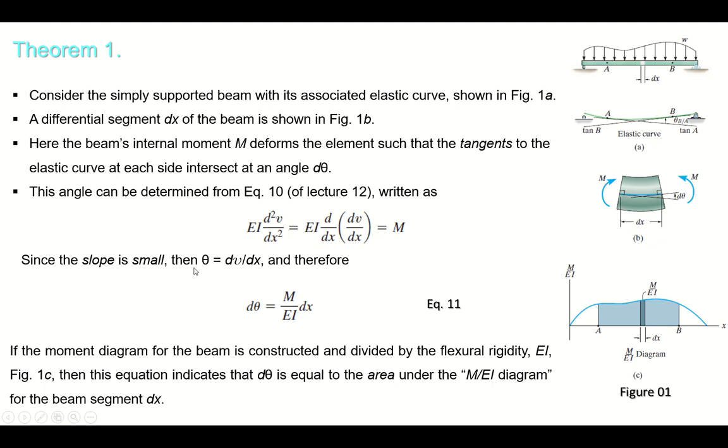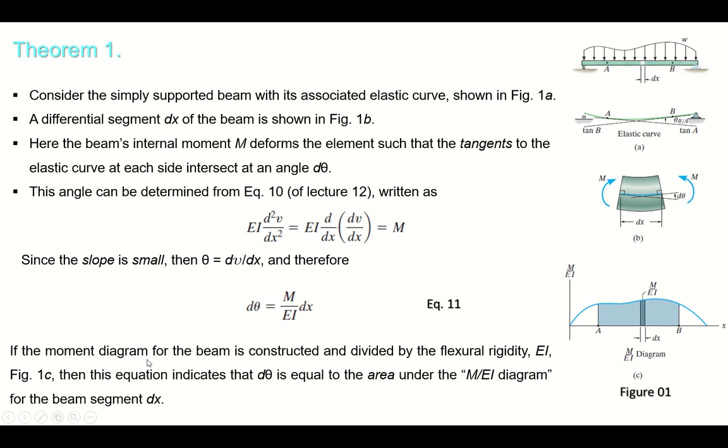Since the slope is small, theta is equal to dy by dx, and therefore you can replace this value by theta. So this will become d theta, and dx will be multiplied on the other side, and EI will be divided on the other side. So M over EI into dx is our new equation, which comes from the previous equation we proved in the method of double integration. So this is our equation 11, right?